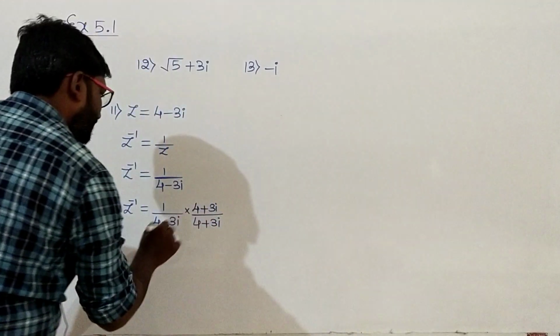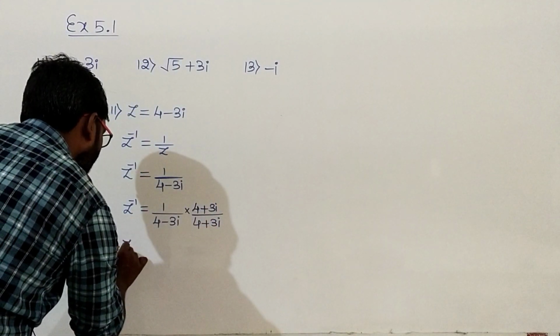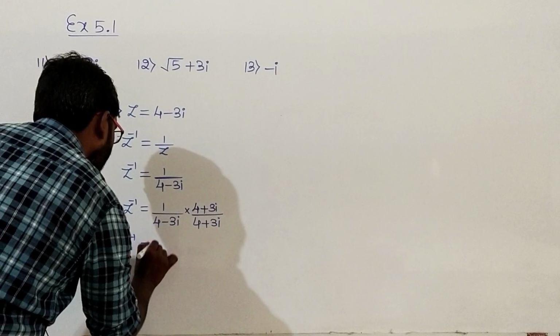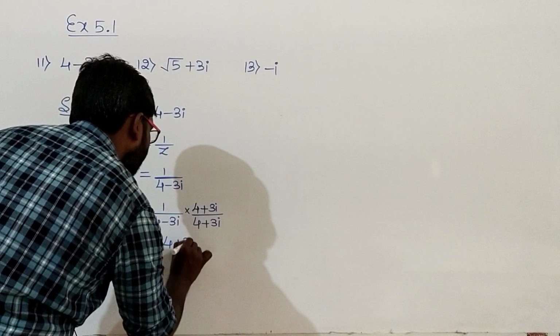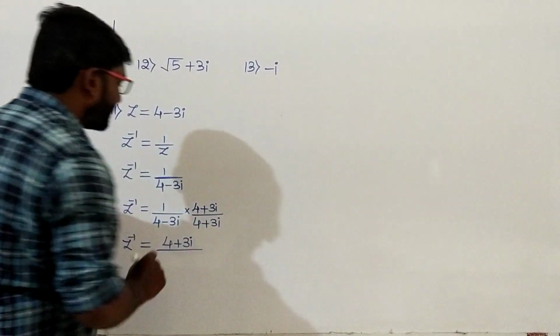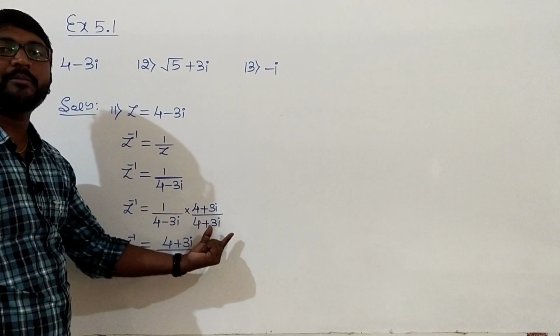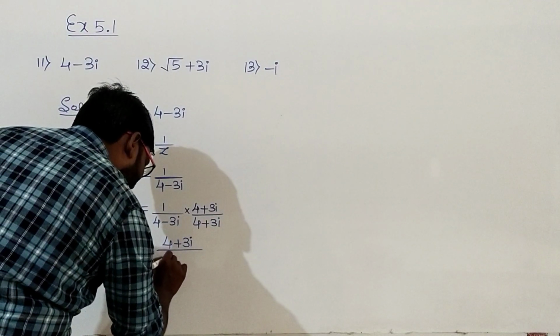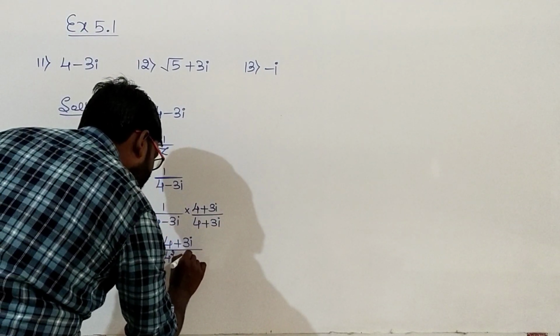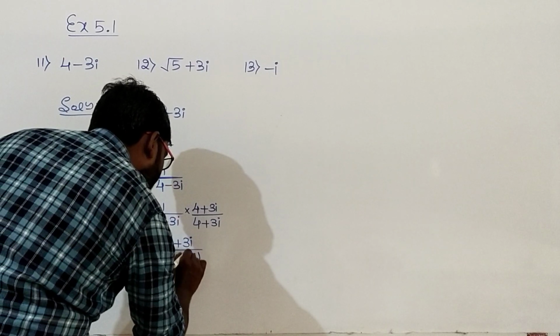So now multiply the numerators. z inverse which is equals to 1 into this term will be 4 plus 3i as it is. Then the denominator is in the form of a minus b into a plus b will be a square minus b square, that is 4 square minus 3i the whole square.